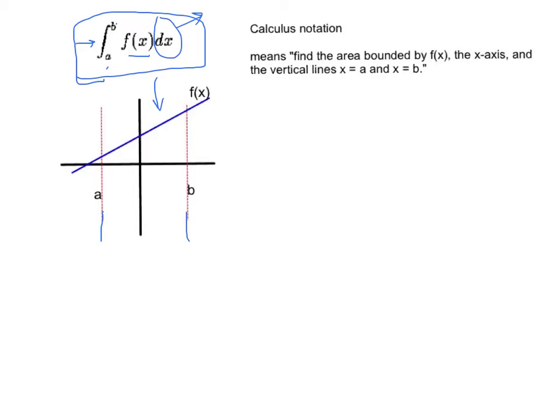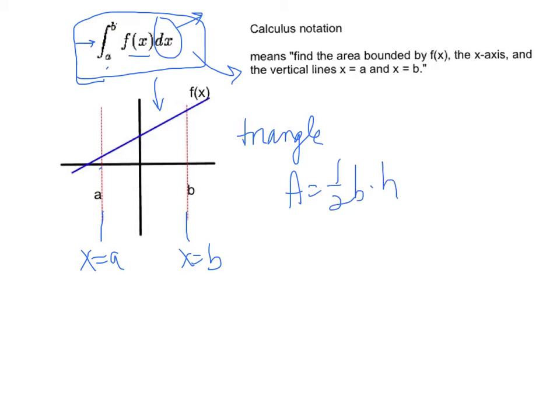I'm not going to get that deep into it. So this means find the area bounded by f of x, the x-axis, and the vertical lines x equals a and x equals b. So here's x equals a, here's x equals b, and this is also in the shape of a triangle. So the area is 1/2 base times height.